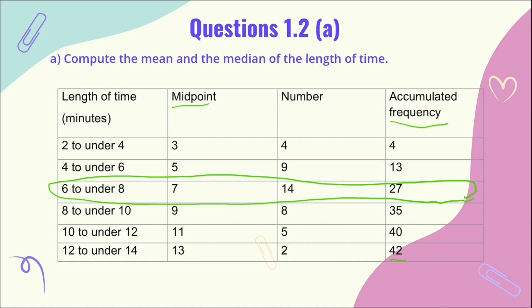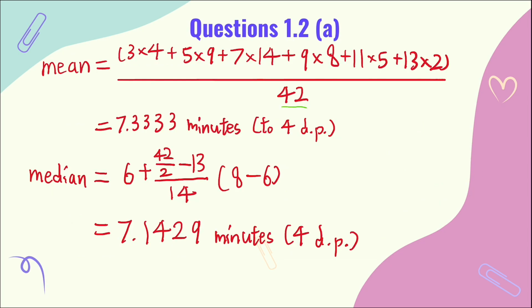So we can apply the formula for the median: we first add the lower boundary of the class, which is 6, and add 42 total frequency over 2 minus 13, which is the accumulated frequency of the previous class, and divide it by the frequency, which is 14, and then multiply it by the upper boundary 8 minus lower boundary, which is 6, and we get the answer of 7.1429 minutes, rounded to 4 decimal places.